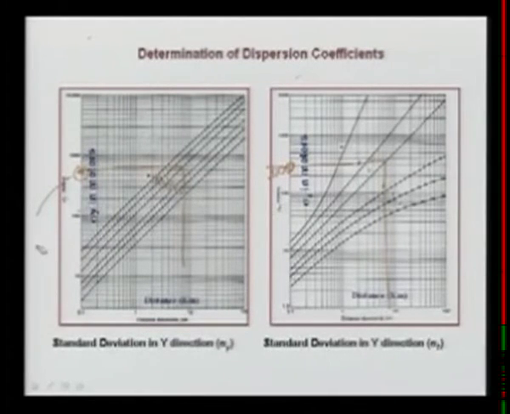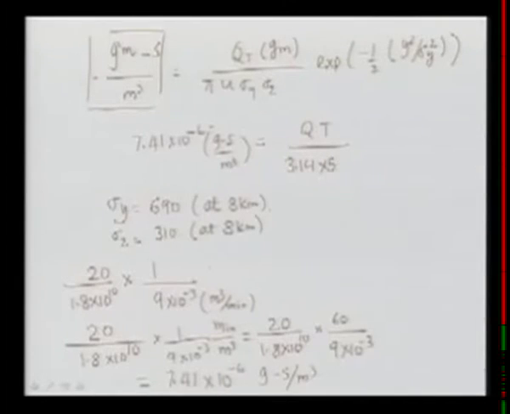Actually, I'm sorry, this came out to be 690 meters, and this also is 310 meters. Okay, so we have sigma y as 690 and sigma z equals 310.